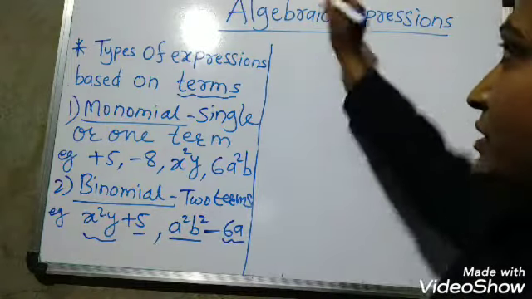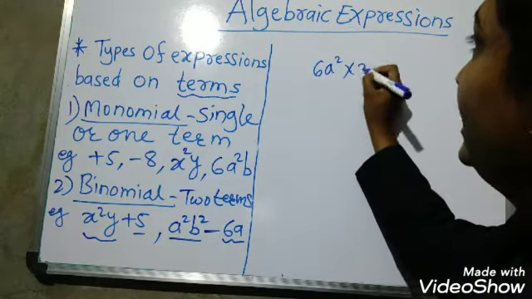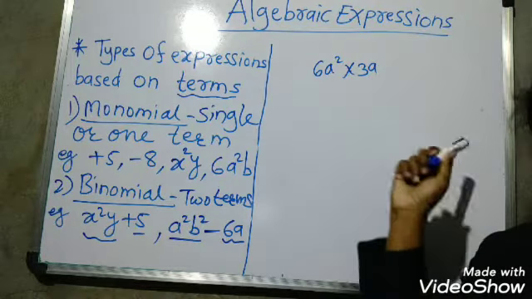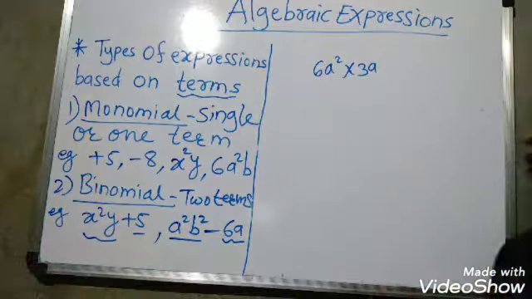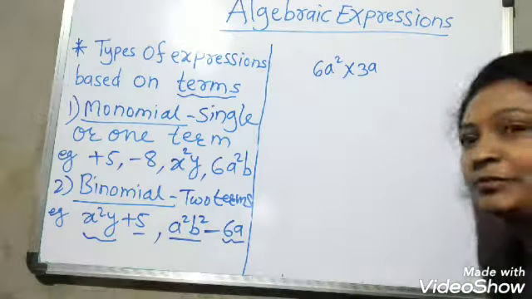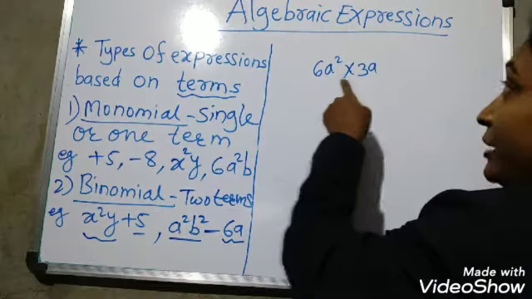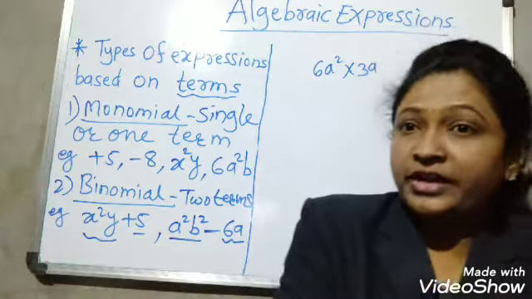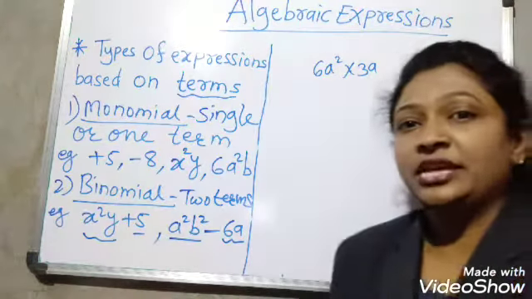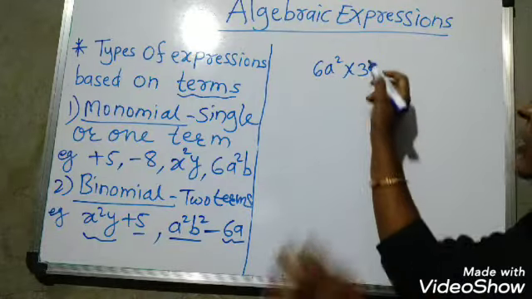But students, see, if I write 6a square multiply 3a, is this a binomial? No, this is not a binomial. Many students get confused here. Always remember that terms are separated by addition and subtraction signs. Here a multiplication sign is there, and in our previous video we learned that if a multiplication sign is there, it is only one single term.